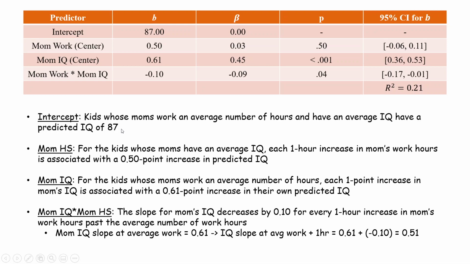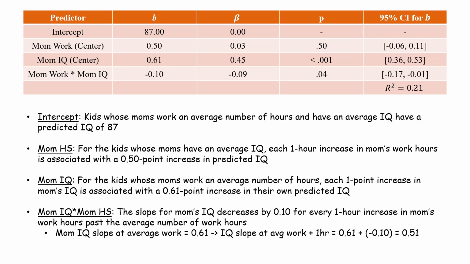Okay, and so here we'll go over the interpretation of our results again. So the intercept, again, that's the predicted outcome when both of your variables are 0, and because we centered them, it's going to be when both of our variables are at average levels. So the kids whose moms work an average number of hours and have an average IQ have a predicted IQ of 87.